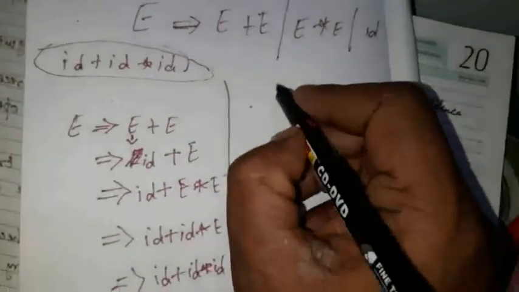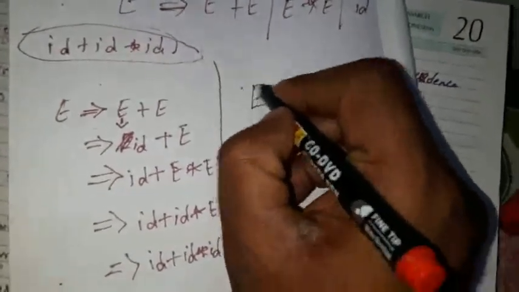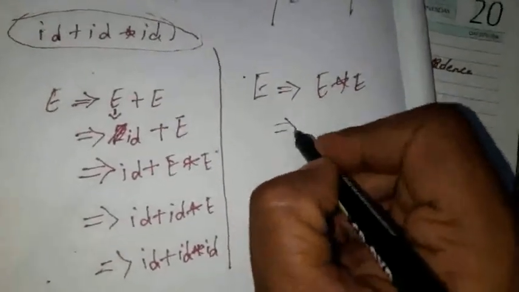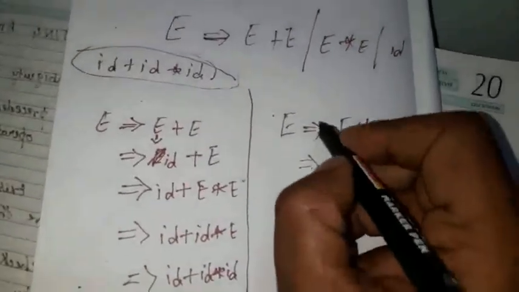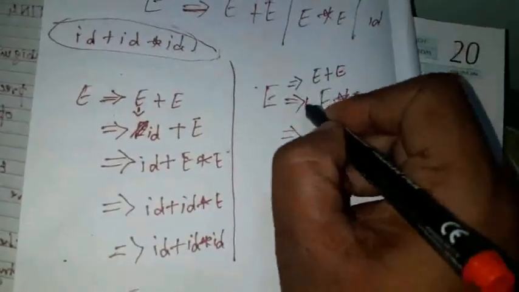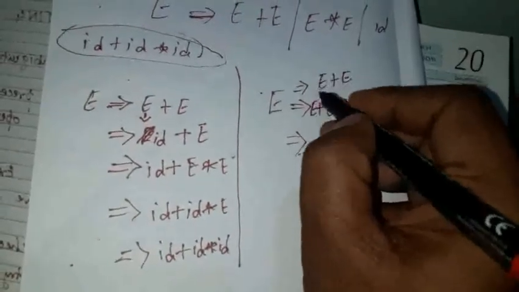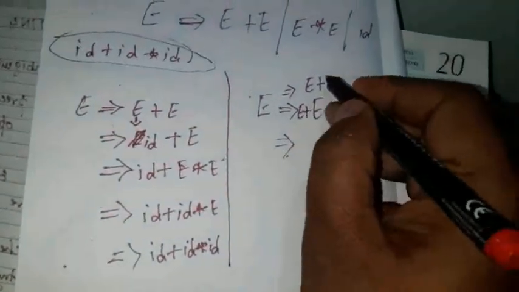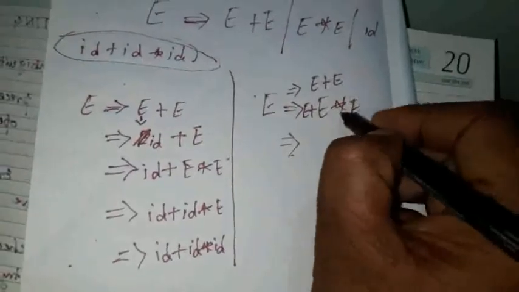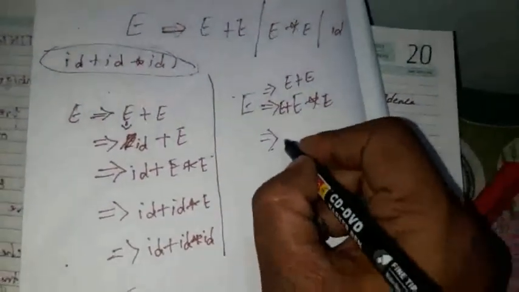Suppose the second method I can do is E tends to E star E. Here I am going with right association. See, this E plus I have taken as it is, and this E I have taken as E star E. So it tends to what?